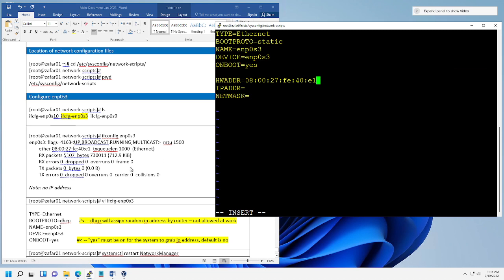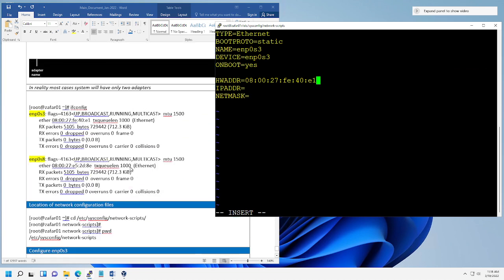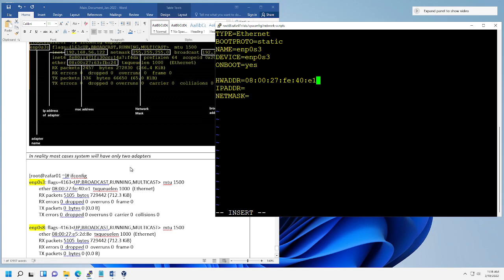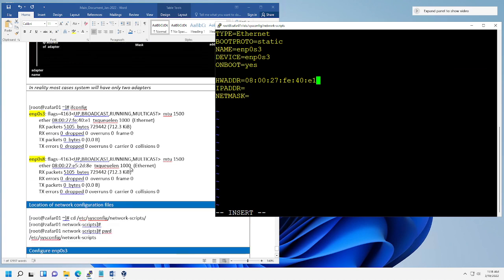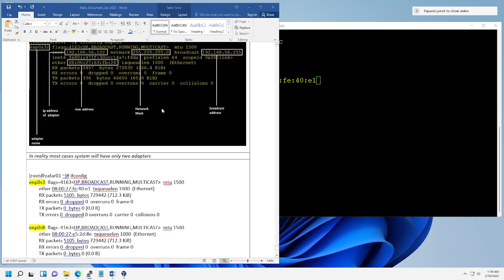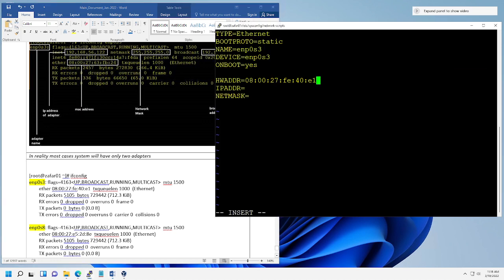The other piece of information I need is the netmask. If you look at the diagram here, the netmask is always 255.255.255.0. So I'm going to enter 255.255.255.0.